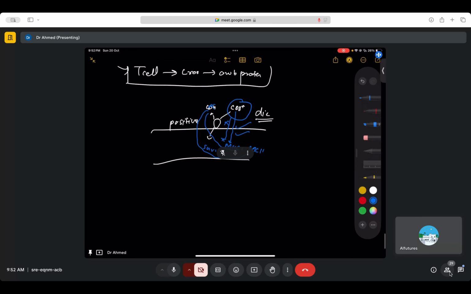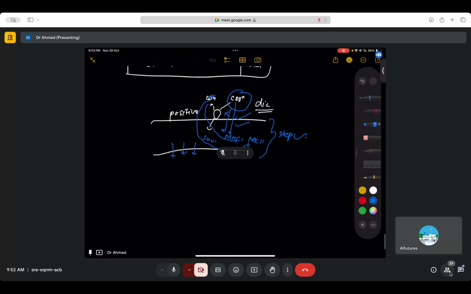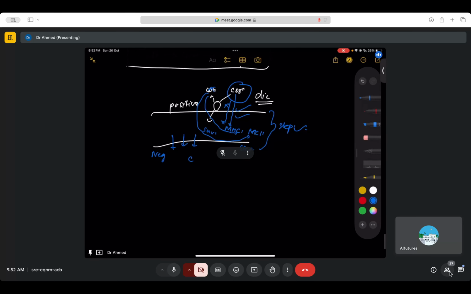They will then move towards the second phase. So now we have those cells that have passed their first exam, step one. Now they appear in step two. In step two, you are going to see negative selection. Now these CD4 and CD8 cells are exposed to your own body antigens.